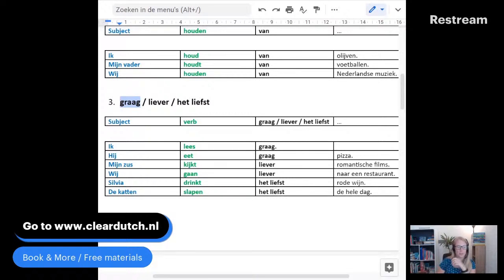Let me just read the examples. Ik lees graag. I like to read. If you generally like to read. You can also make it more specific. Ik lees graag detectives. I like to read detectives. Then the thing, detectives, goes at the end. Second one, hij eet graag pizza.